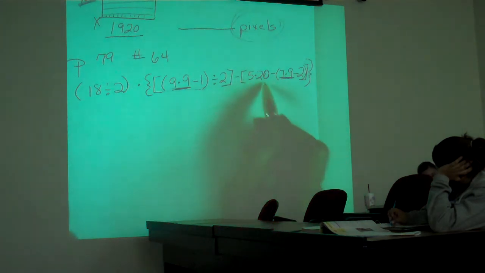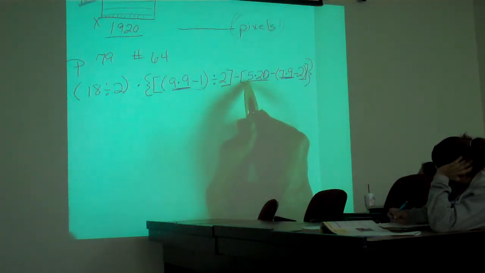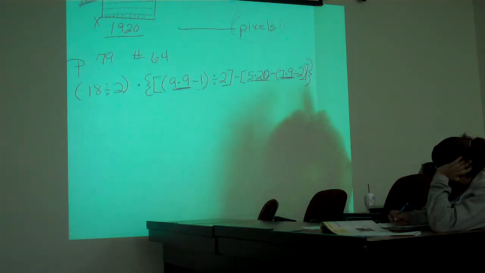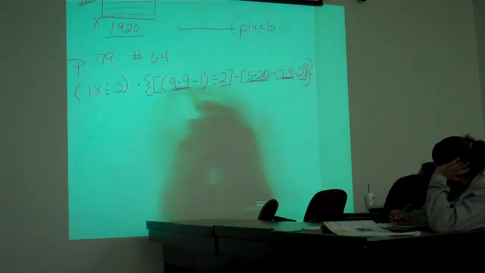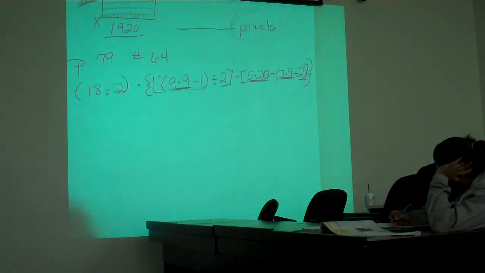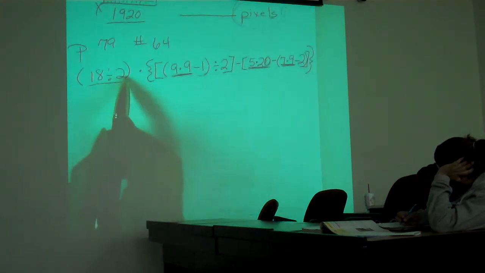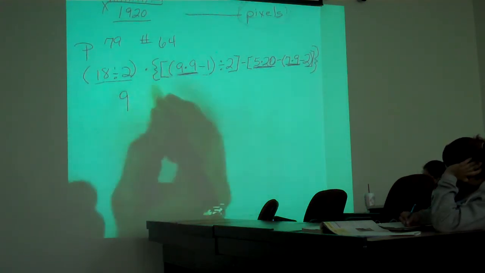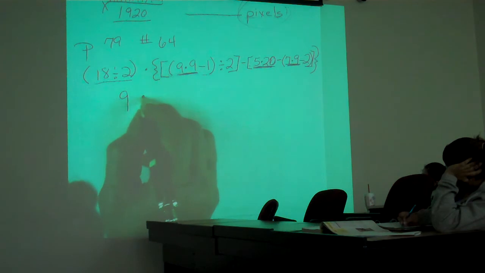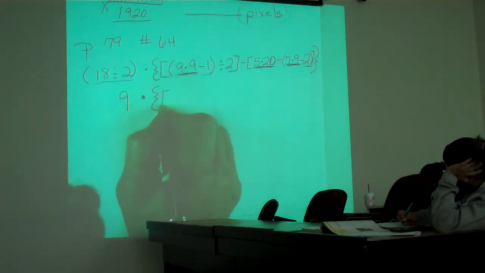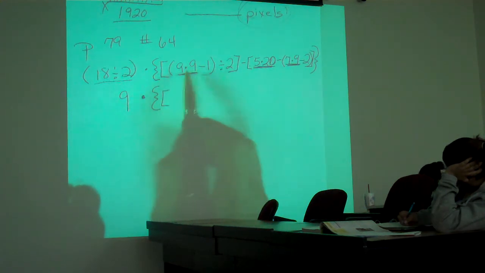You can go ahead and do this. We're going to do these multiplications first. Actually, you can go ahead and do 18 divided by 2 and just keep that one number out here. You can put that 9 there and you're just going to be bringing it down. In this parenthesis, we have 81, which is 9 times 9, and then minus 1.